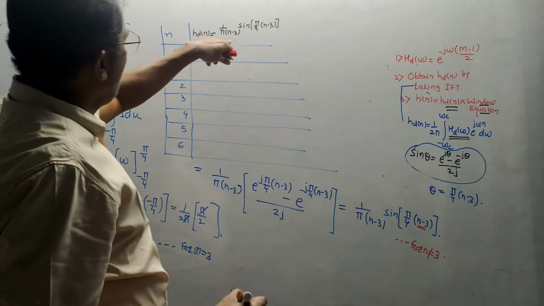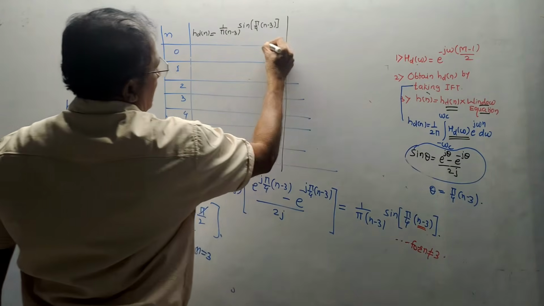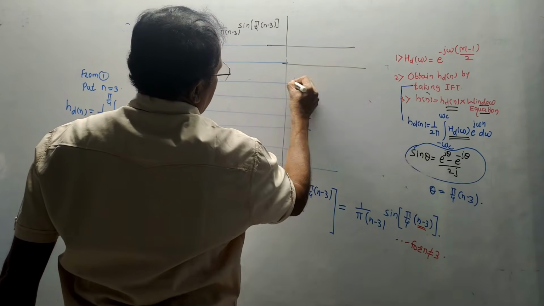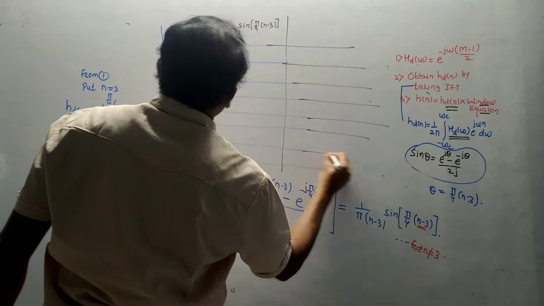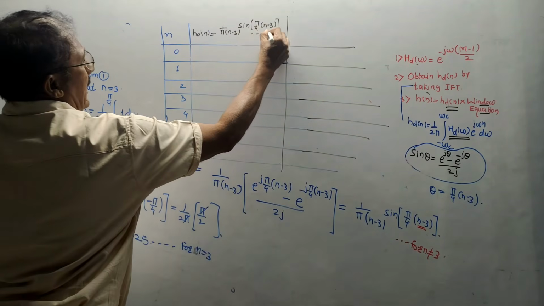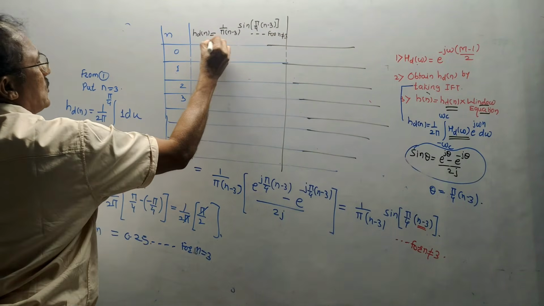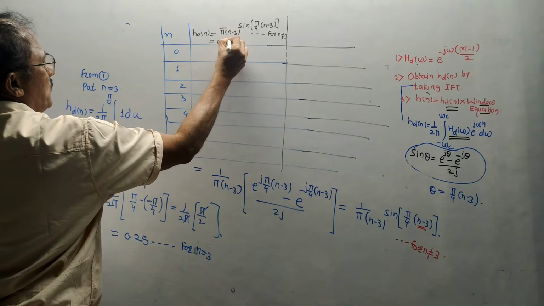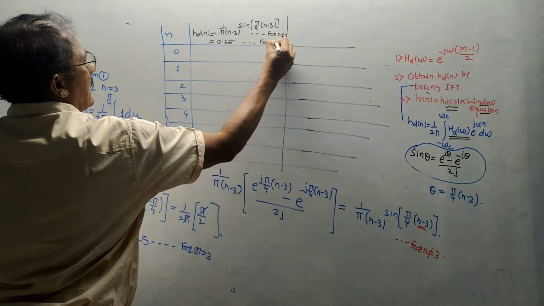This is the value of hd of n which we have already obtained. One more thing, this is the value for n not equal to 3. For n equals 3, we have solved this value, that is 0.25.